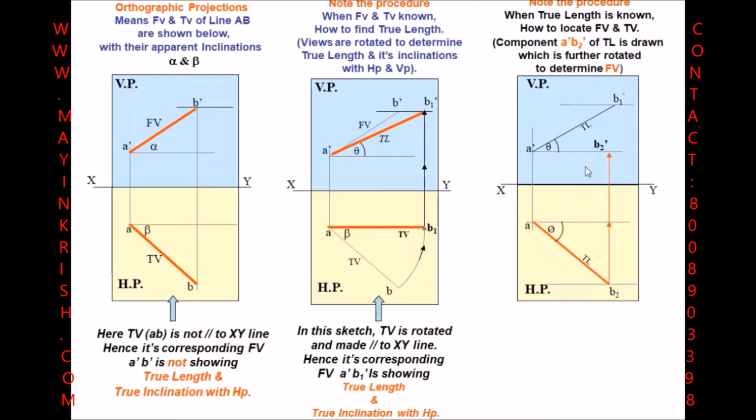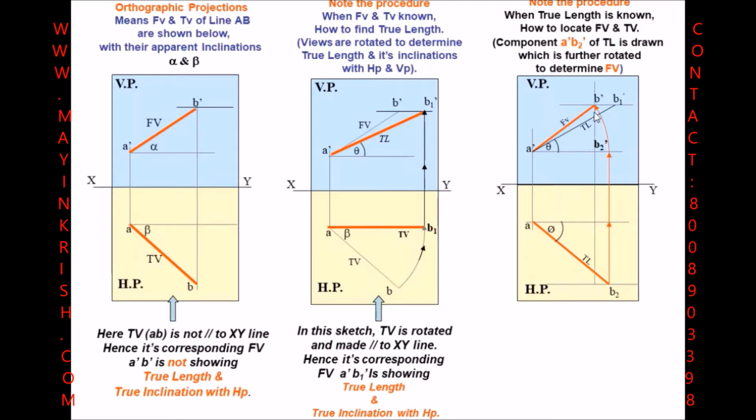So we can't place B2 dash on the straight line. Now we need to place B2 dash on the locus line itself. So with A dash as center and A dash B2 dash as radius, we draw an arc until it intersects the locus, and it is placed as B dash. Finally, when we join B dash to A dash, it is represented as the final front view.